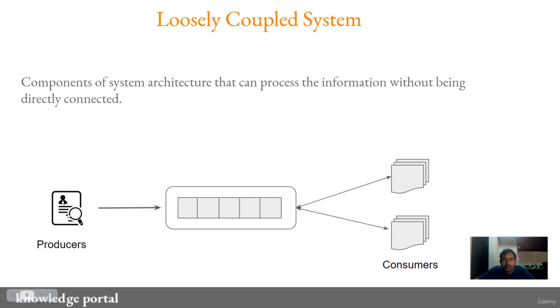All the producer can do is take the image from the user and send the image to the queue, and then it can give a success message back to the user. That's about it. Once the set of consumers are back online again, they'll fetch the message from the queue and then they'll do the necessary level of processing. So this is a much better type of architecture, and in fact most of the new architectures that you will see in the production environment are based on the loosely coupled system.